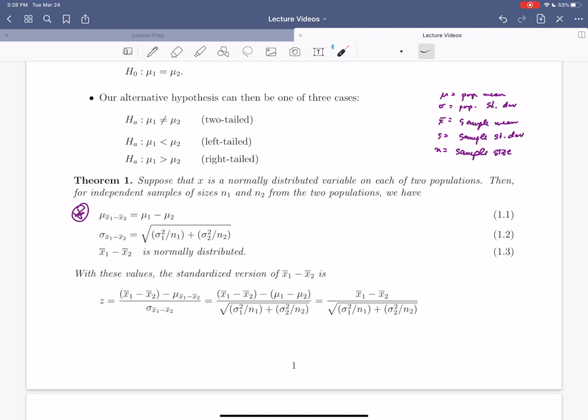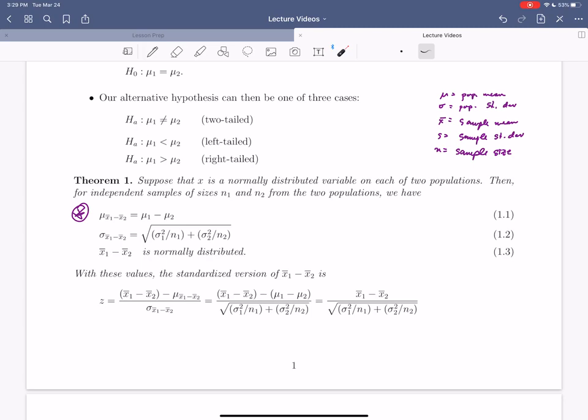If you look at the standard deviation for the differences, that's given by the following formula. It's a little bit of math, but everything we need to know is in these formulas. Our standard deviation is the square root of sigma 1 squared over n1 plus sigma 2 squared over n2.